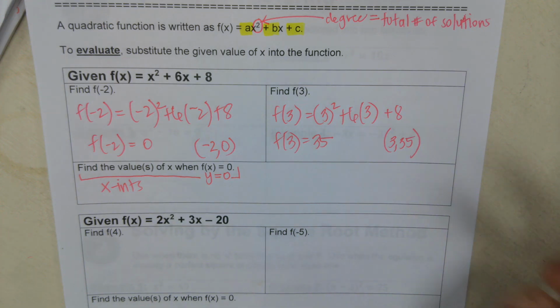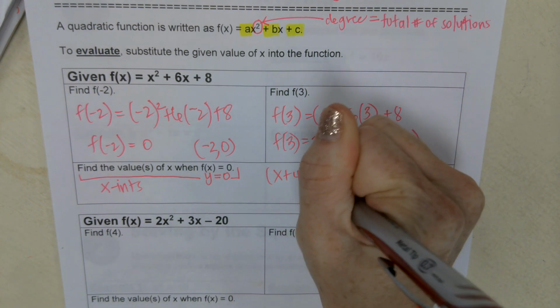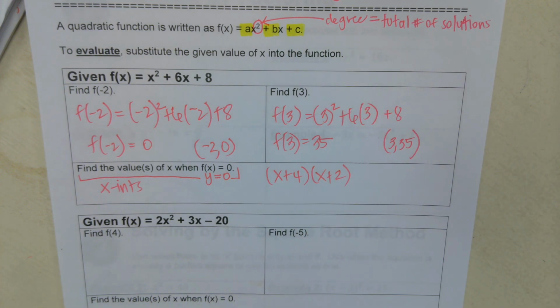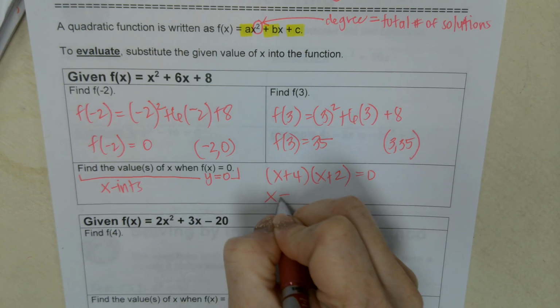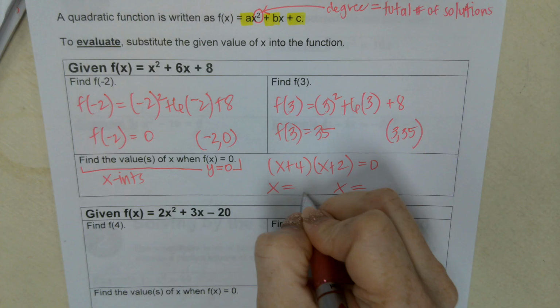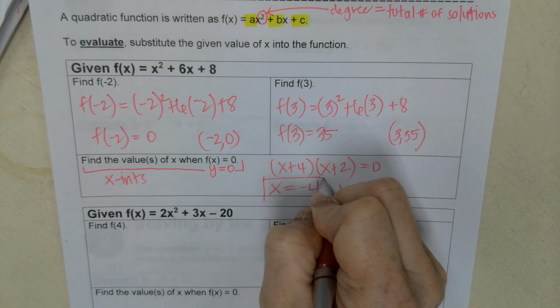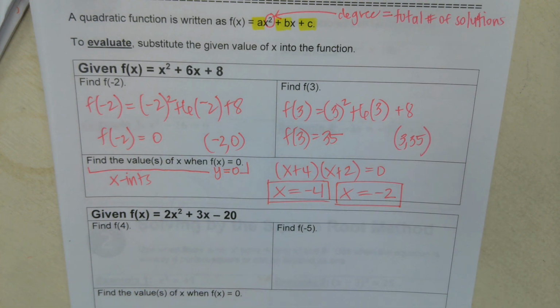There's nothing wrong with that. But another way to do this, I can factor. So x plus 4 and x plus 2. If that's set equal to 0, then I end up with 2 solutions: -4 and -2.